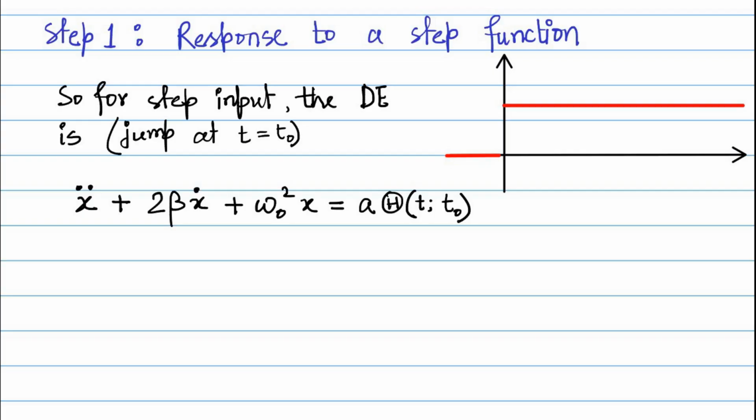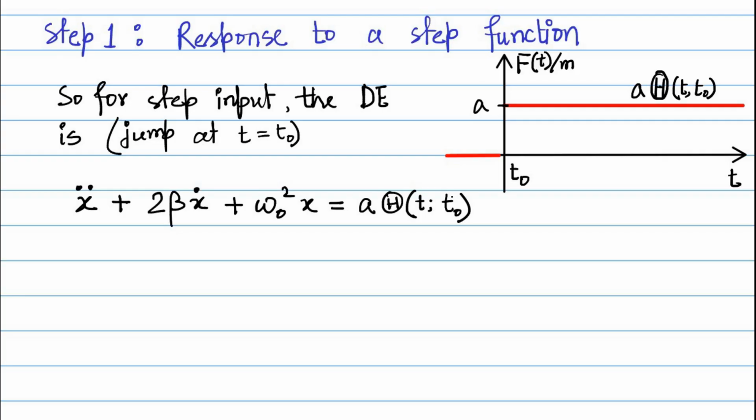So let me label the picture. You have the functional value f of t divided by m, and this is the Heaviside function, which has jumped at t0. This is the value it jumped to, which is a, so there should be an a here as well. The point at which it jumps is t0, and this axis represents t.